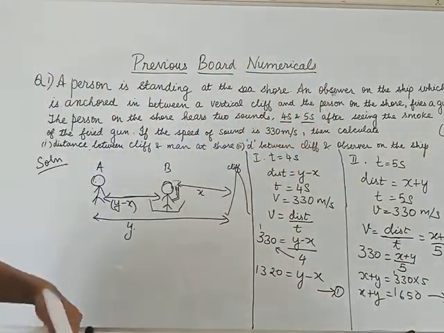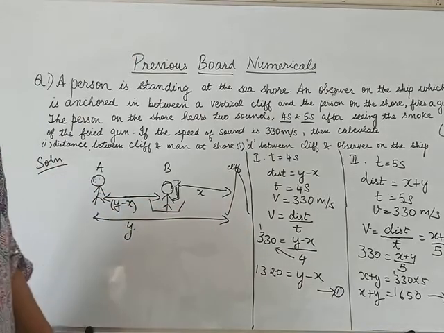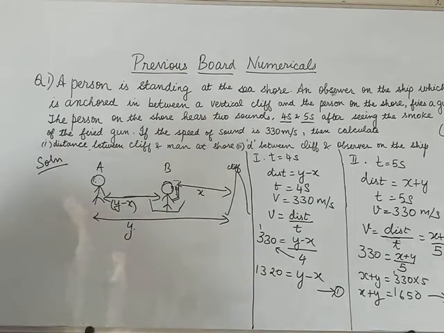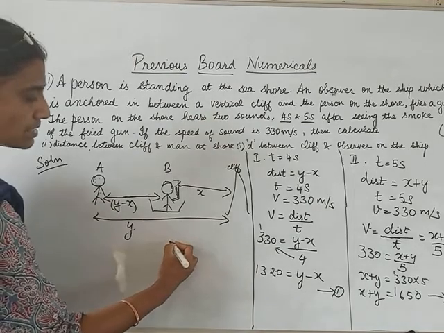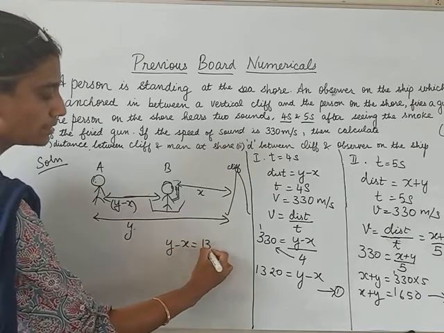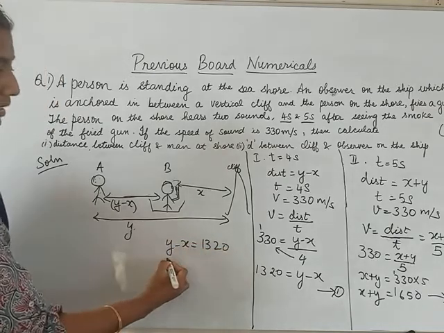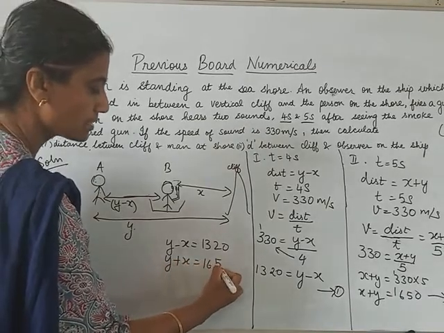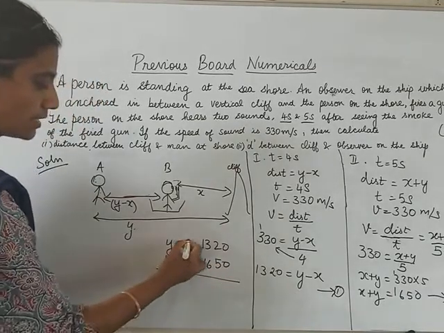So, you've got two equations now. We can solve those two equations and get the answer. First equation is y minus x is equal to 1320. And the second equation is y plus x is equal to 1650. Now let's add these two.